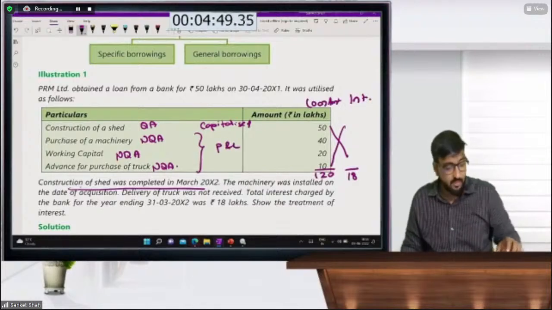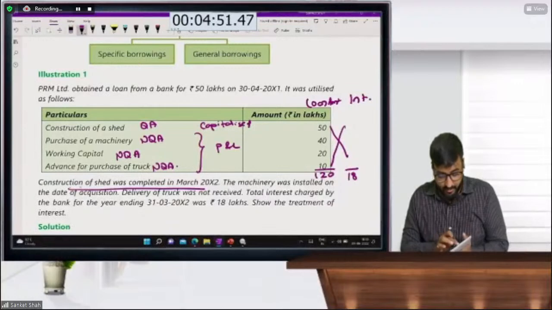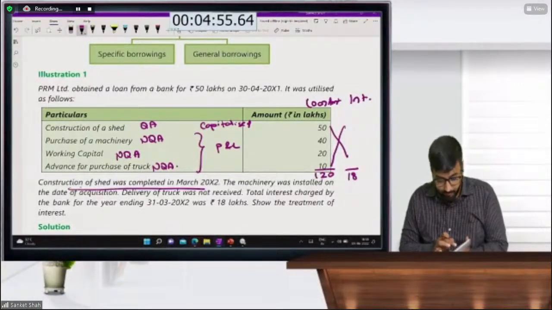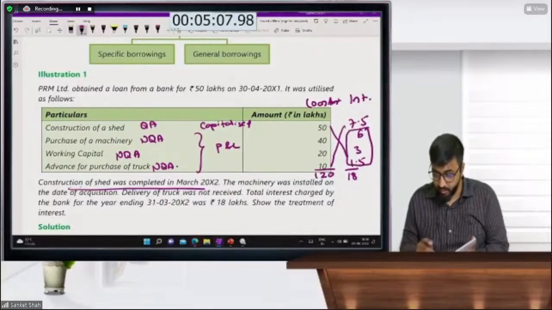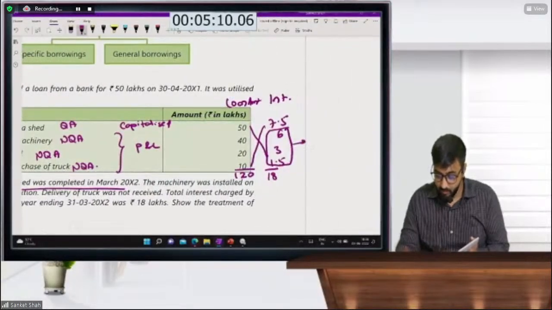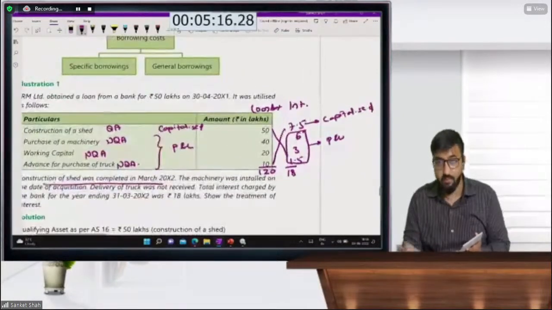So cross multiplication, beta. Take on the calculator, 18 upon 120 into 50 is equal to 7.5, 40 is equal to 6, 20 is equal to 3, and 10 is equal to 1.5. This interest is debited to profit and loss account, and this interest is capitalized. You can write it over there.